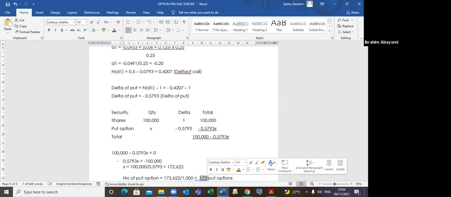So according to my computation here, I will conclude that for this company to delta neutral hedge, the company will have to buy 173 put options. That's that about requirement A.